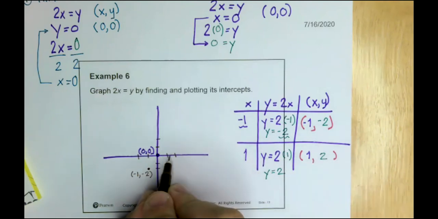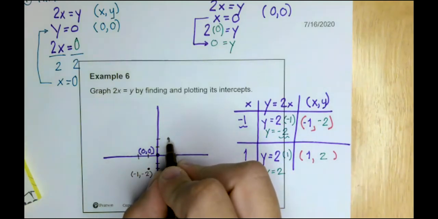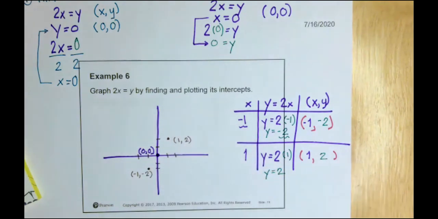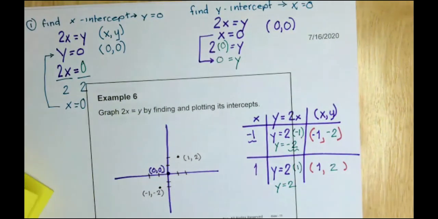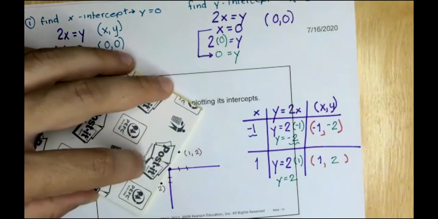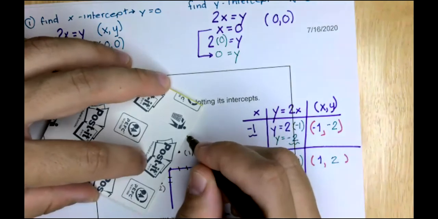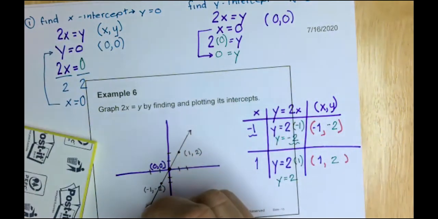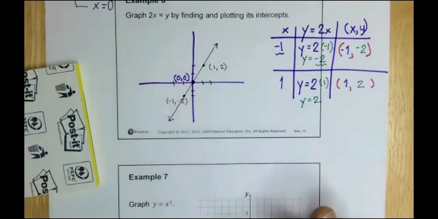X +1, y +2. All right, and then I turn that into a line that goes on forever. To show that it goes on forever, I just put an arrow on either side.